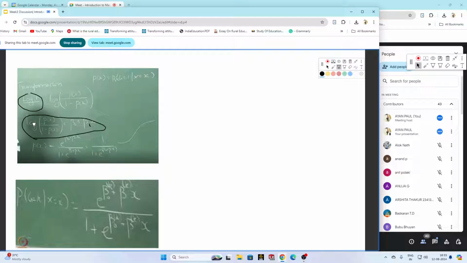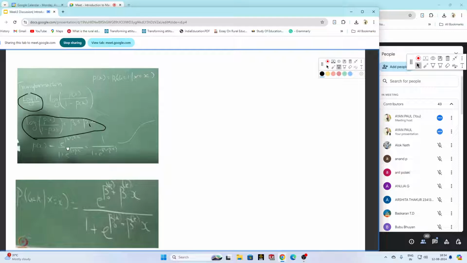So how can we do that? This is log base e of p(x) divided by 1 minus p(x). That means p(x) by 1 minus p(x) will be equal to e to the power beta naught plus beta 1 x. When we solve this, we will find p(x) is e to the power beta naught plus beta 1 x divided by 1 plus e to the power beta naught plus beta 1 x.